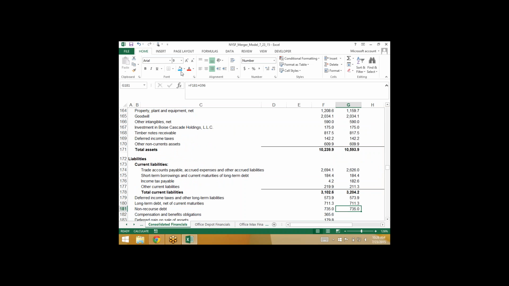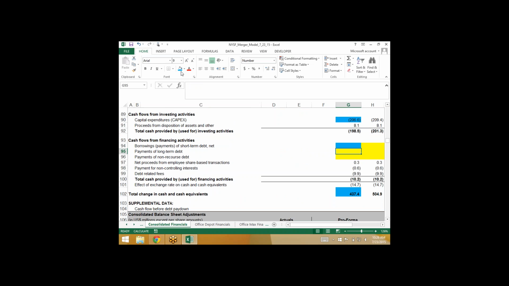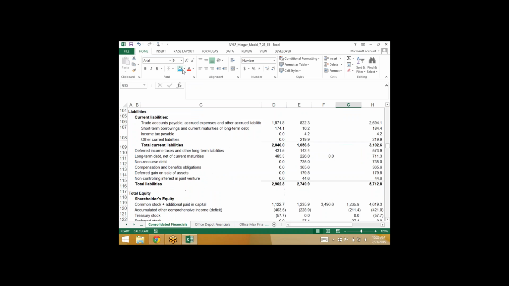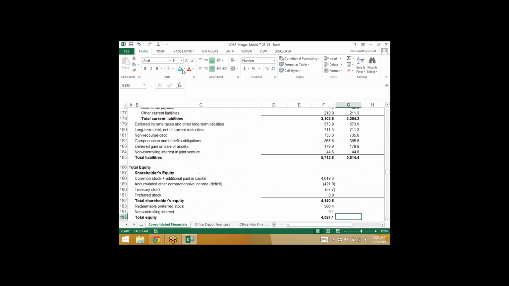And so let me mark off the debts. And then we have some other of these non kind of one-off line items, right? Compensation, deferred gain, and non-controlling interest in joint venture. I'm just going to kind of leave those flat and go back and analyze those in a second.